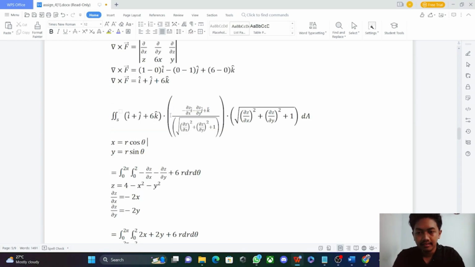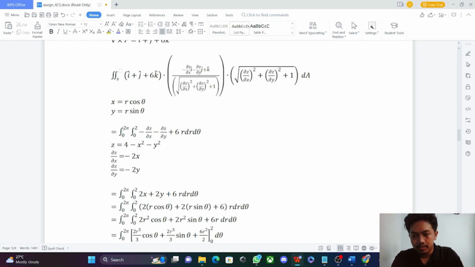As we know, n is (negative dz over dx i minus dz over dy j plus k) over the square root of (dz over dx squared plus dz over dy squared plus 1), times the square root of (dz over dx squared plus dz over dy squared plus 1). For this, we know that x equals r cos theta and y equals r sin theta.